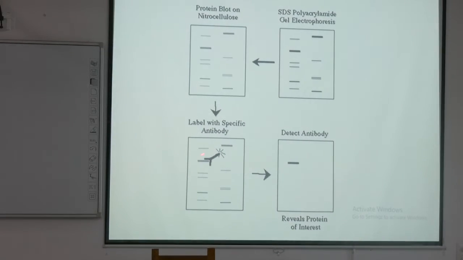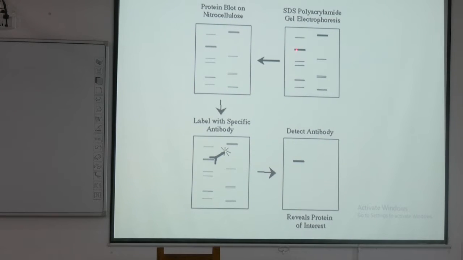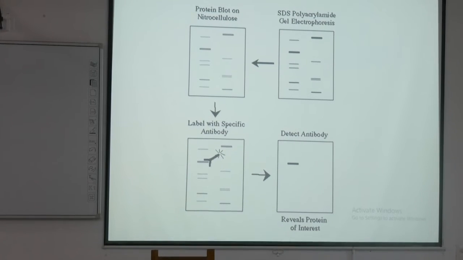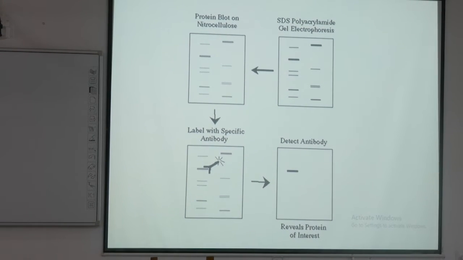That identifies this as a location. So now if this is a location, that means in gel it will come here. So if we take a photograph, next day when we perform the gel electrophoresis for actual separation of the protein, only this portion of the gel we should cut and collect the protein.